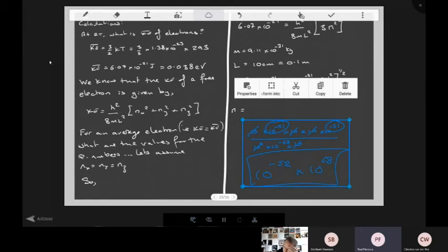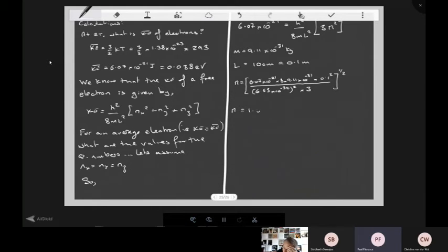Even though I get 1.8 times 10 to the 7, which is 18 million. Okay, the thing to note is this is a big number.